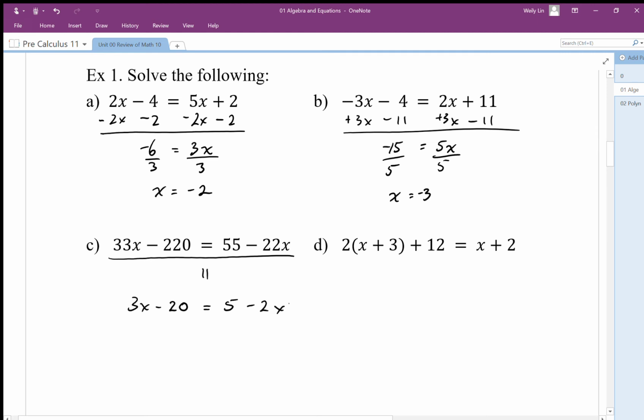Again, I'm going to move the x's to one side. The only rule is balance. You can do whatever you want to an equation as long as it's balanced. So 5x is equal to 25, and solving this, I get x equals 5.